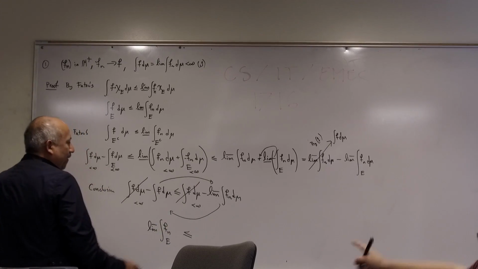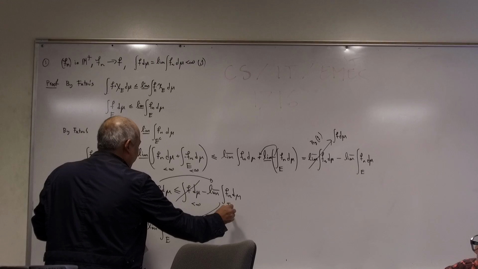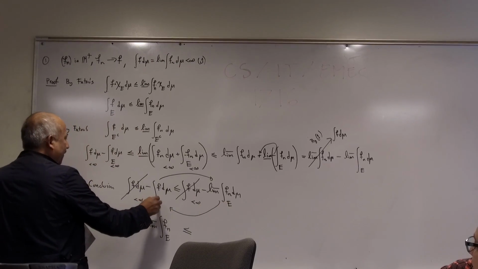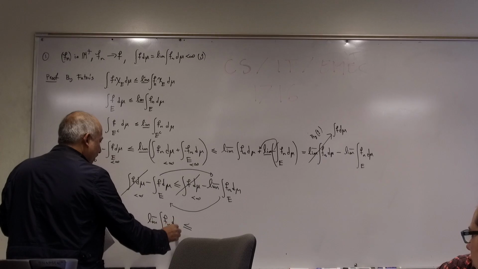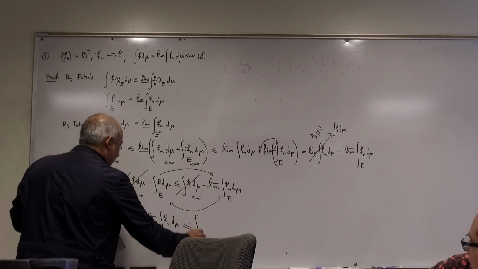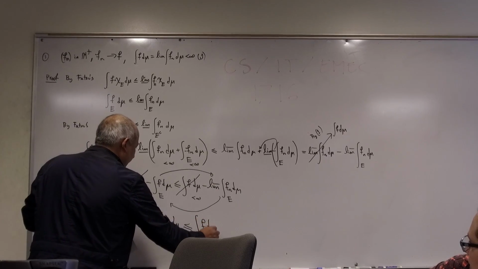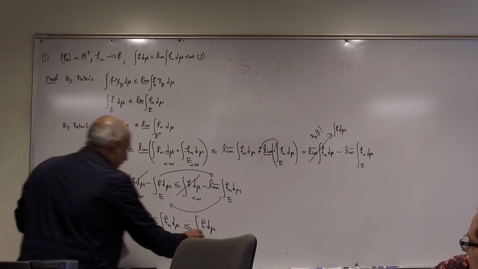Oh, hold on. It should be an E. There should be an E. And here too, right? Yes. The lim sup of the integral of f n on E d mu is less than or equal than the integral of f on E d mu.